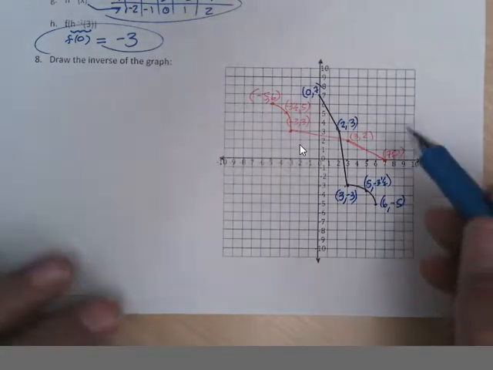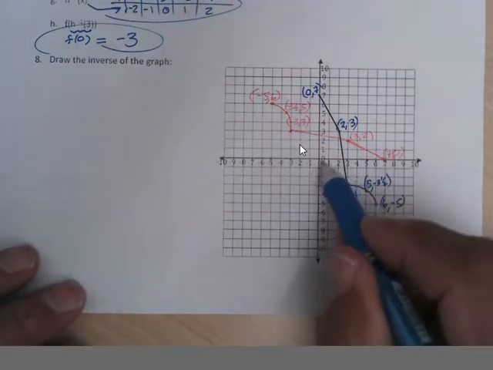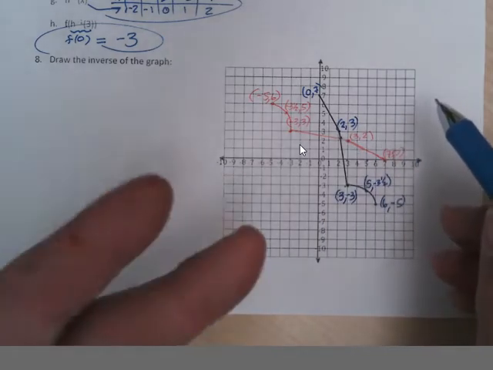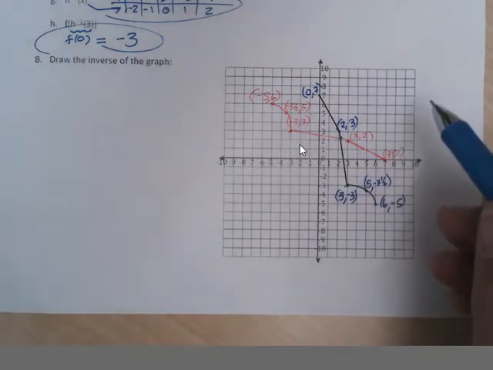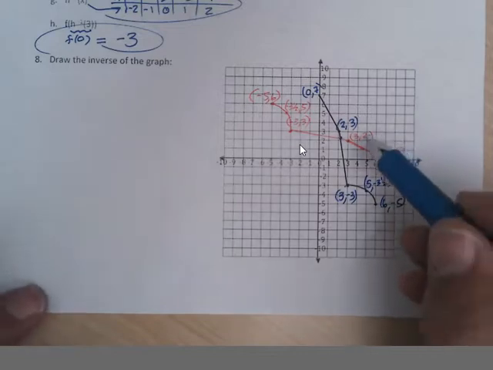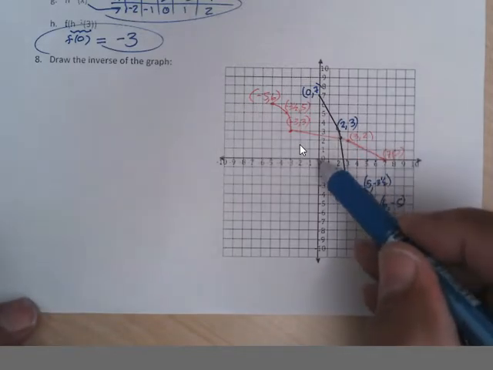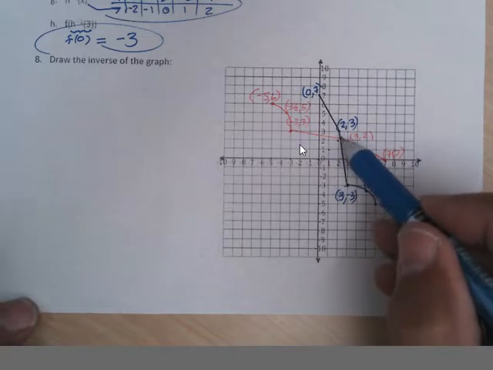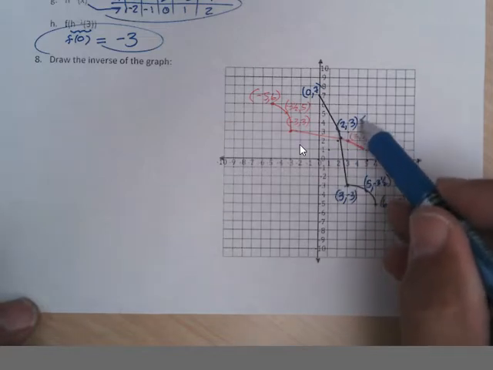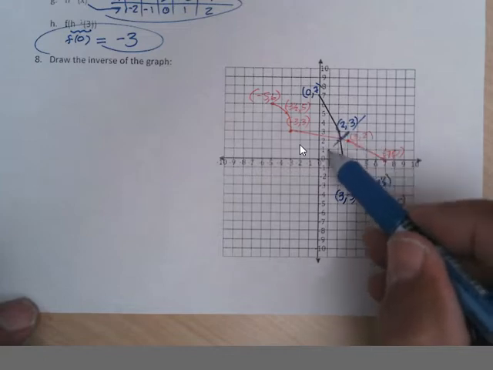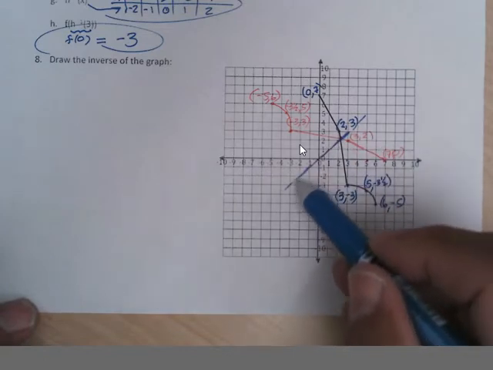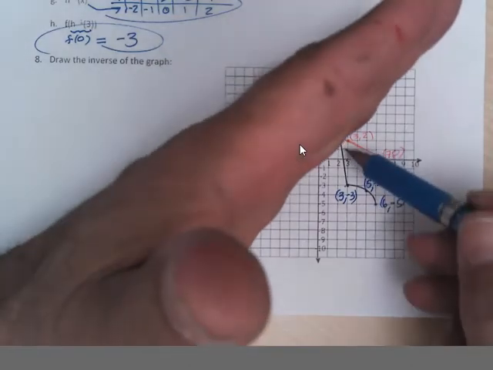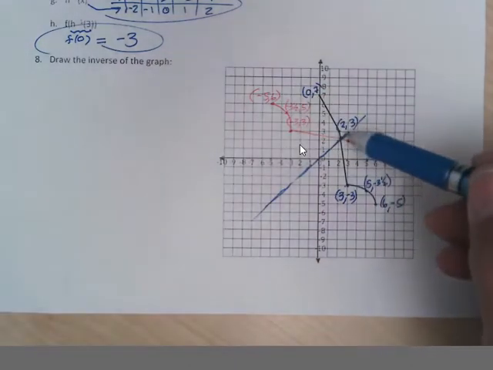And the only point that doesn't change is 2 1/4, 2 1/4. And once again, if you're switching the x and y to find the inverse, the only place that doesn't move is where the x and y are equal. 0, 0, if it was on it, wouldn't move, or 1, 1, or 2, 2, or 2 1/4, 2 1/4, or 3, 3, the y equals x line, where the x and the y coordinates are the same. This is the line of reflection. You can actually put a mirror here and look at this and draw what it would look like here.